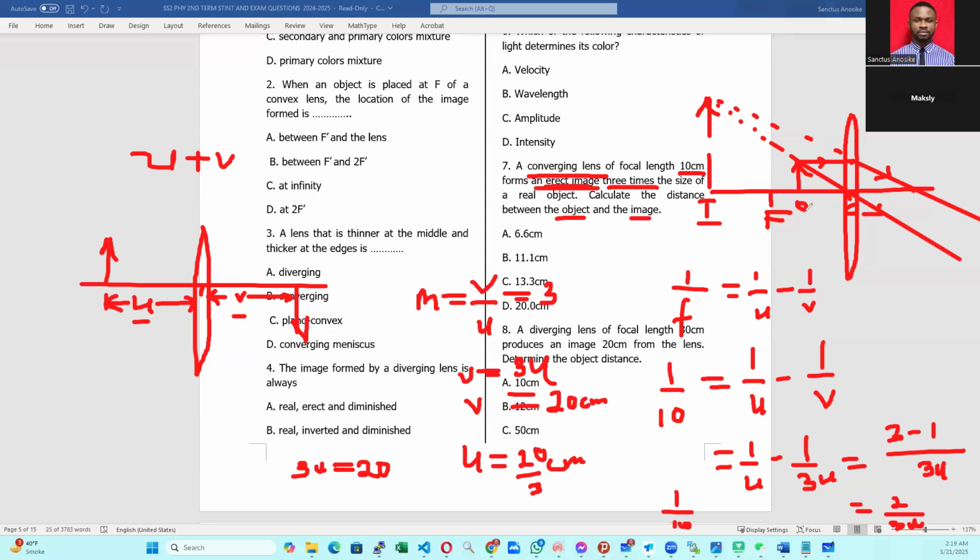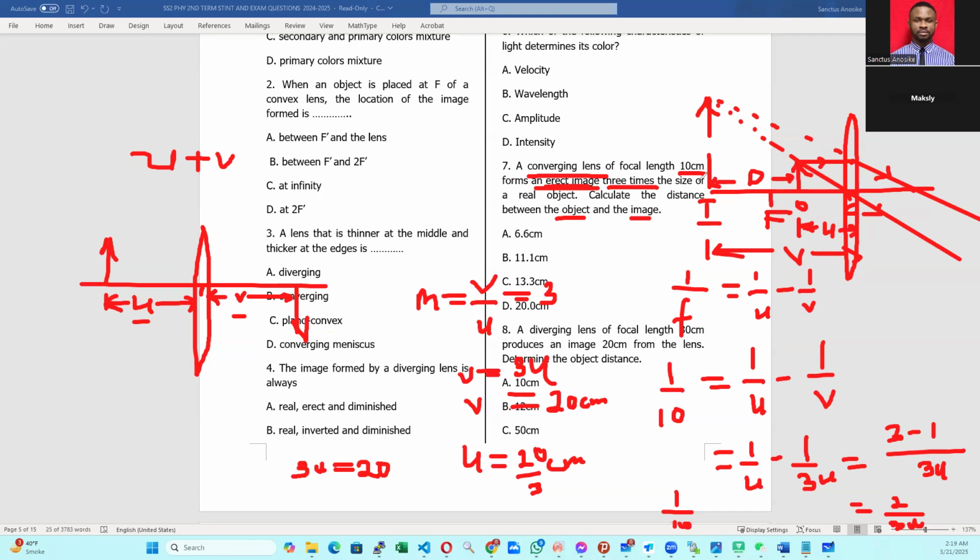So you can now come, because this is the distance of the object to the lens, which is U. And this from here to the lens again is V, the distance of the image to the lens. So for you to find the distance between them, if this is D, which is the distance between the object and the image, that means it will be V minus U. Do you understand what I've been telling you?